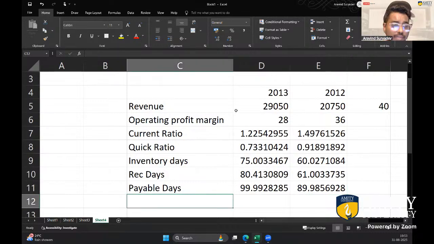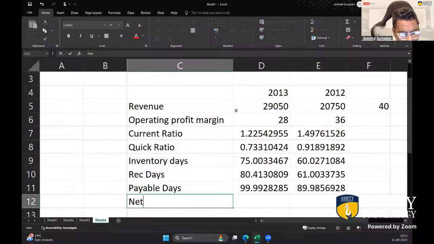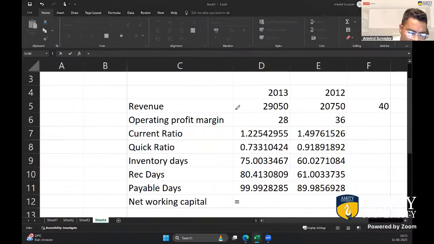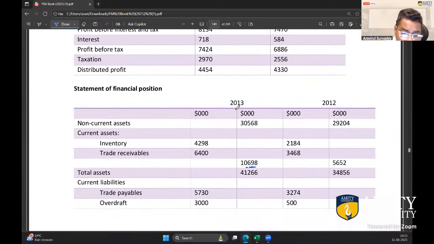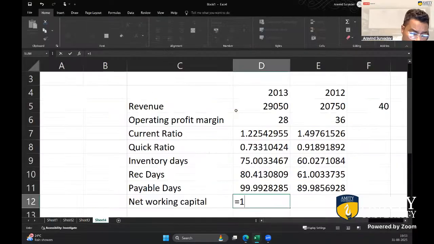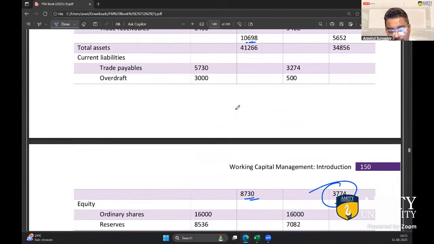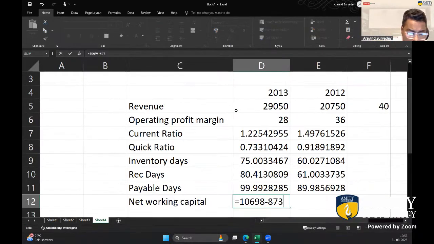Now, we can calculate other ratios also. For example, how much is the net working capital? As a number, we can see if working capital has gone up. This will be the difference between the current assets and the current liabilities. I know the current assets are 10,698 minus the total of current liabilities, 8,730.